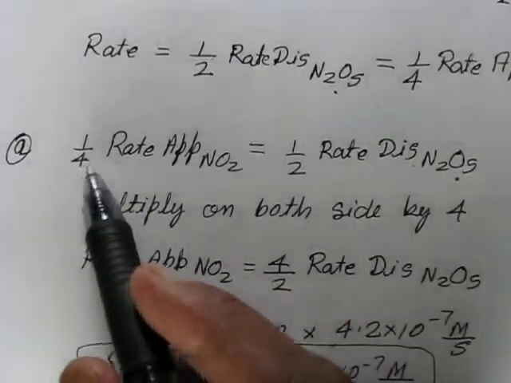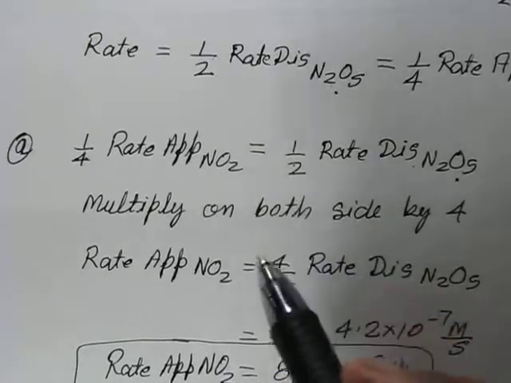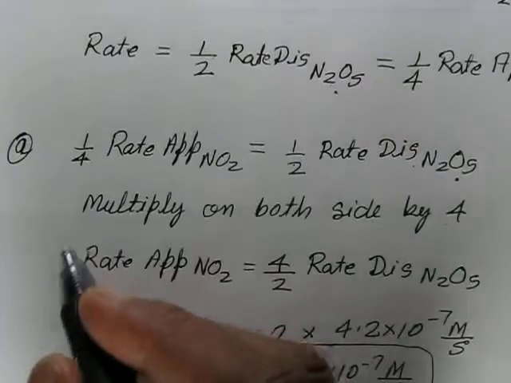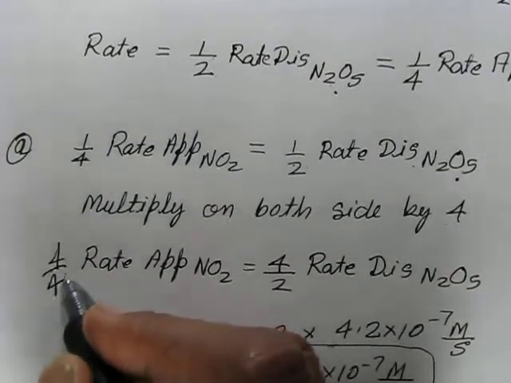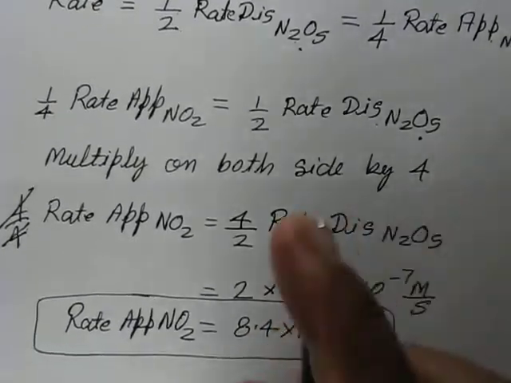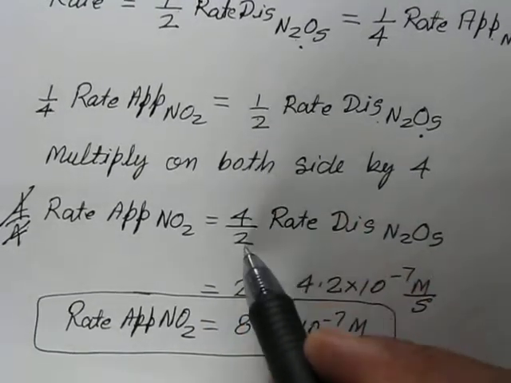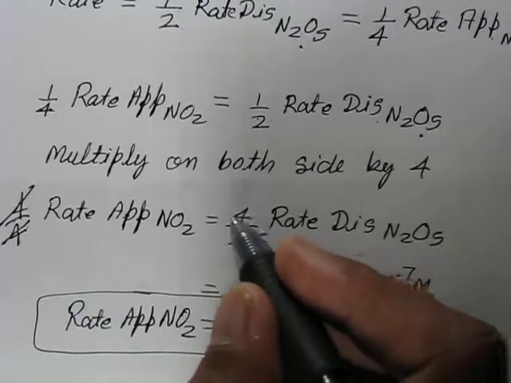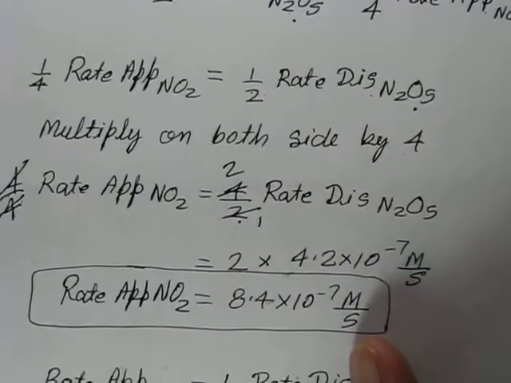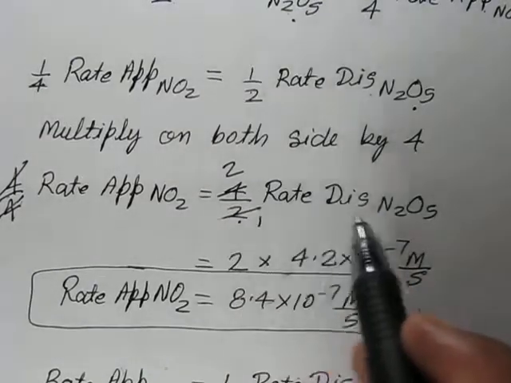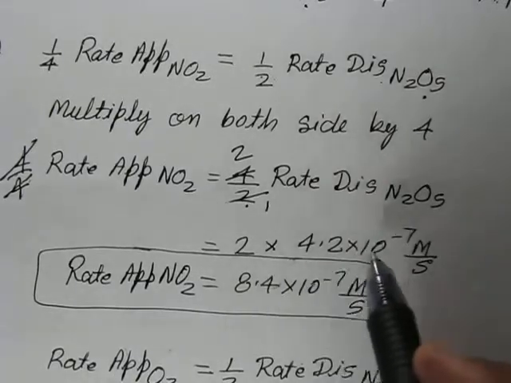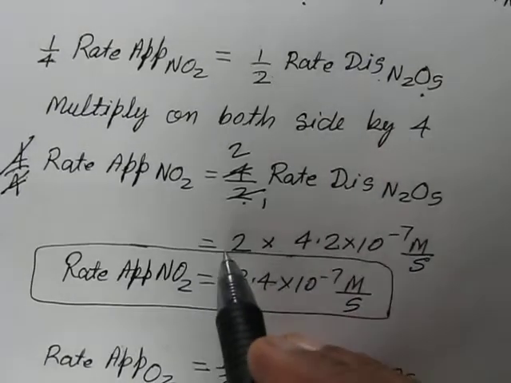Then we have to move all the numbers to the right hand side. So what I do is multiply both sides by 4. So 4 by 4 cancels, only 1 remains, and here the 1 over 2 becomes 4 over 2, which is 2. So this becomes 2 times the rate of disappearance of N2O5, which is 4.2 times 10 to the minus 7 molarity per second multiplied by 2.